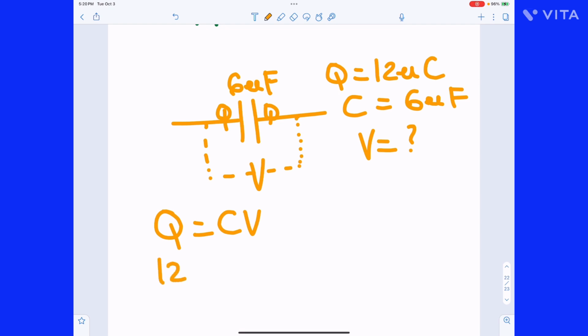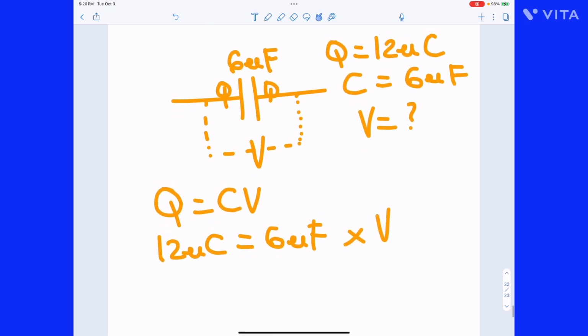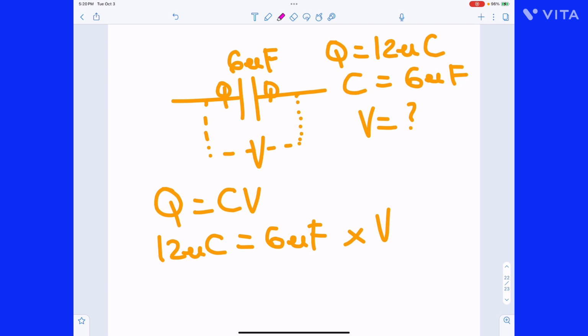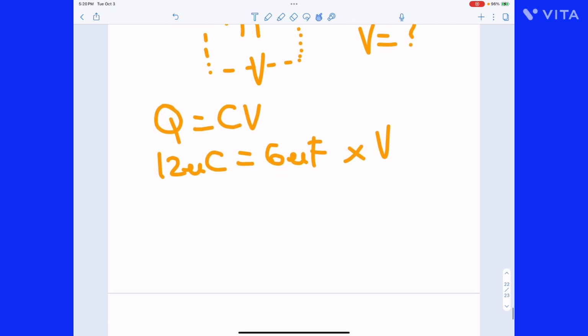That means 12 microcoulomb is equal to 6 microfarad times V. You understand? Q is equal to CV. This is my C, capacitance, which is 6 microfarad. And this is my what? My voltage that I don't have. So micro will cross micro.